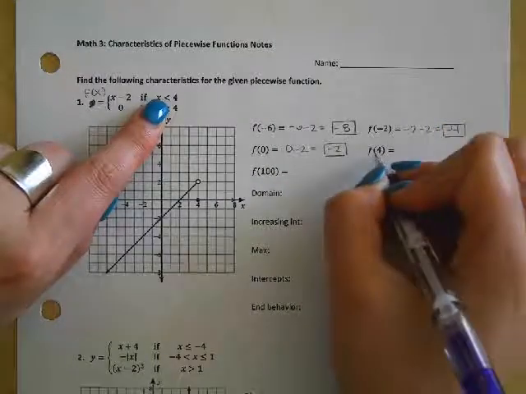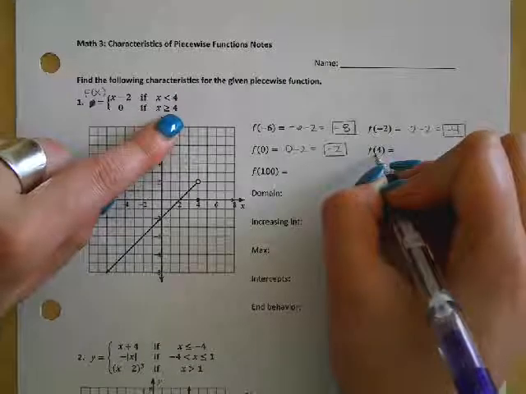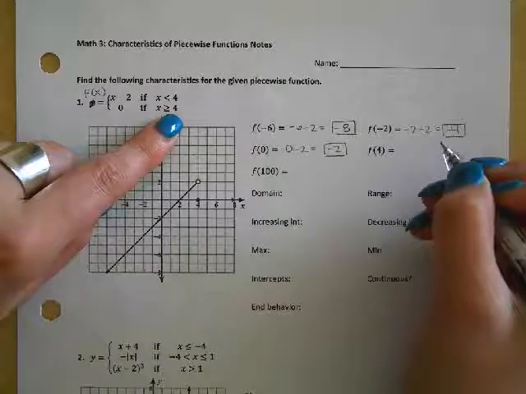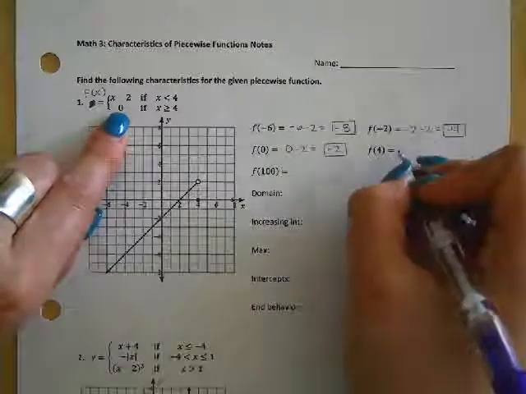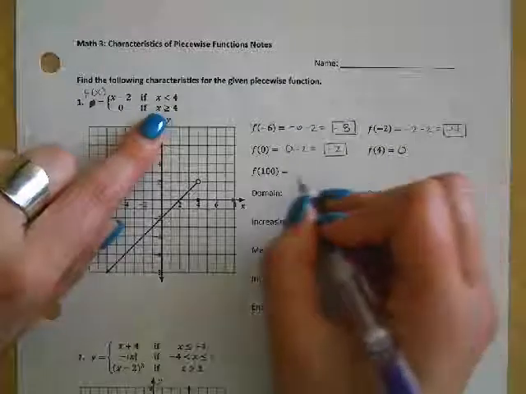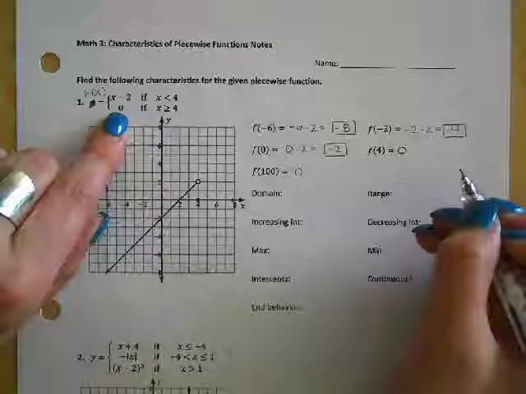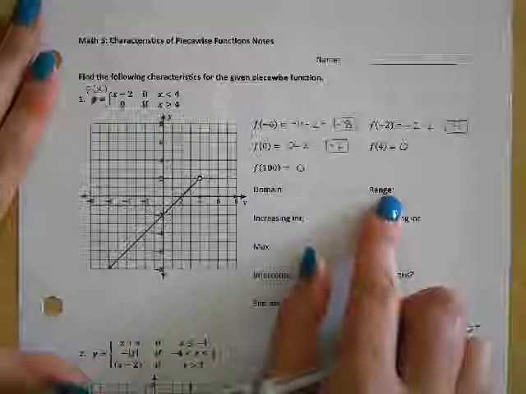But 4 is actually the point where this changes, so we have to think about which one of these pieces I'm supposed to use if I have 4 exactly, and that is the second piece. And the second piece just says it's 0. So f of 4 is 0. If I want to plug in 100, that's bigger than 4, so I'm going to get 0 for that as well.